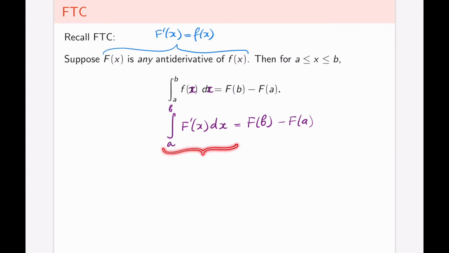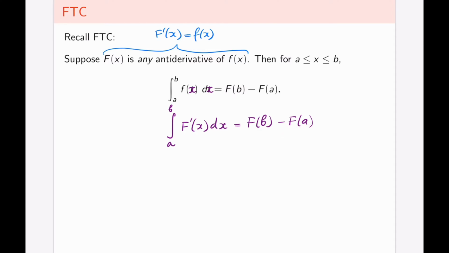On the left, we have the integral of the rate of change of this function F. And on the right, we have the net change that occurred in F over the interval between a and b. I take the finished value minus the start value of this function.